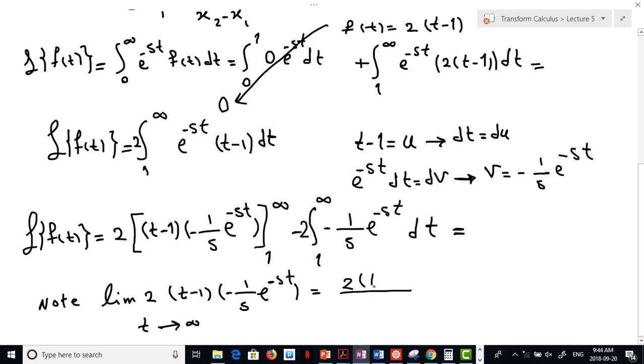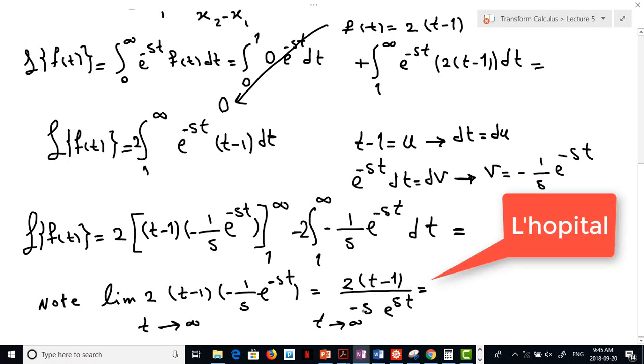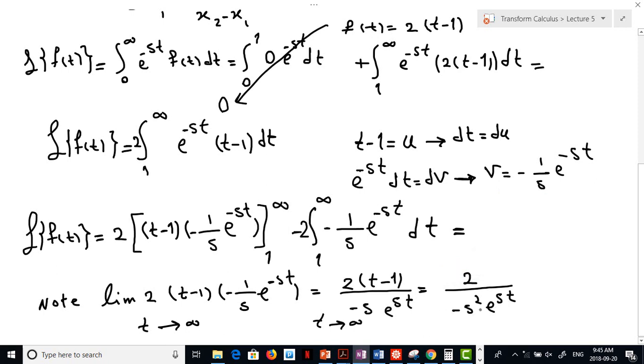We have 2 times (t minus 1) over minus s e to the power of st when t approaches infinity. So in the past we saw that when we have this limit, we have to use L'Hopital rule. Derivative of numerator is 1, derivative of denominator is, so let's find it. So here is 2 times 1, and here we have minus s squared e to the power of st when t approaches infinity. So it's based on L'Hopital rule. So as a result, this term is equal to 0.